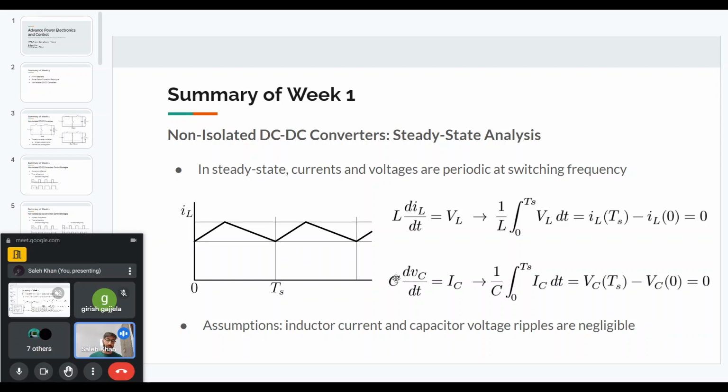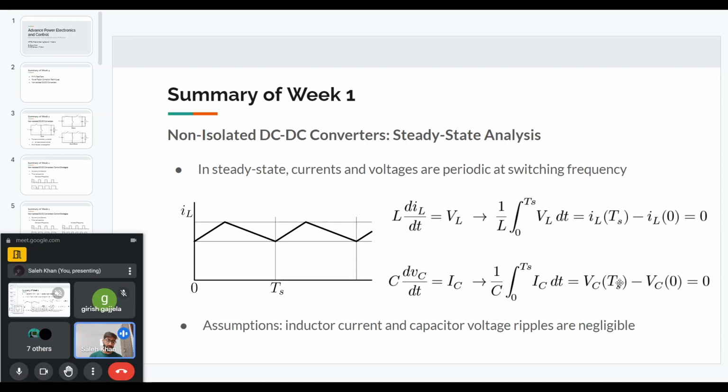Similarly for the capacitor, if I write this differential equation as an integral equation, the integral of the current through the capacitor from 0 to Ts has to be 0. Just like the inductor current, the capacitor voltage has to be periodic.